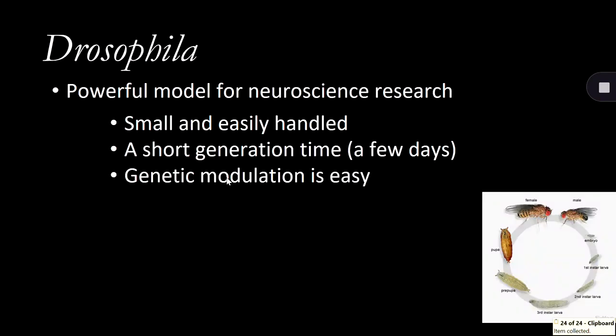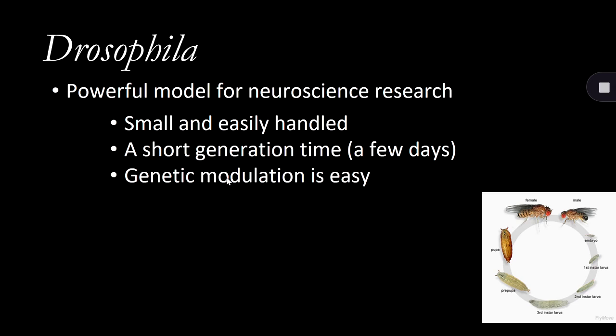All right, next one. We're going to talk about Drosophila. Drosophila is a very powerful model for neuroscience research. Why is that? Because they are very small and easy to handle. Have you ever seen Drosophila before? Yes, you have, if you're lazy enough. If you have your kitchen trash laying there for a week, you are going to have some Drosophila. They are the fruit flies.